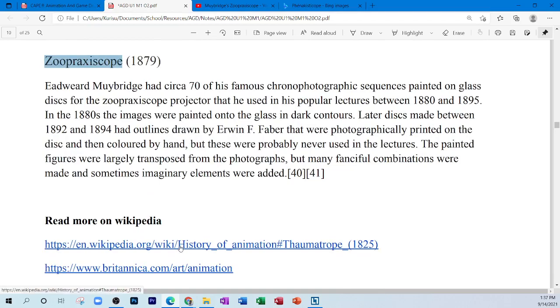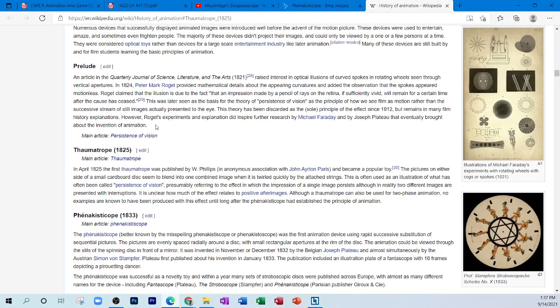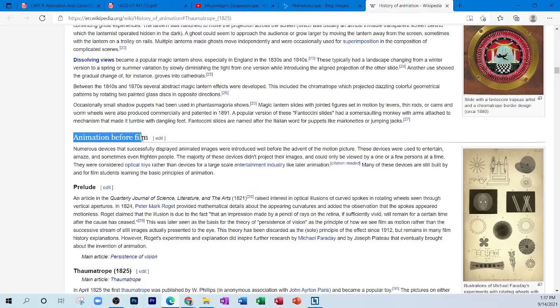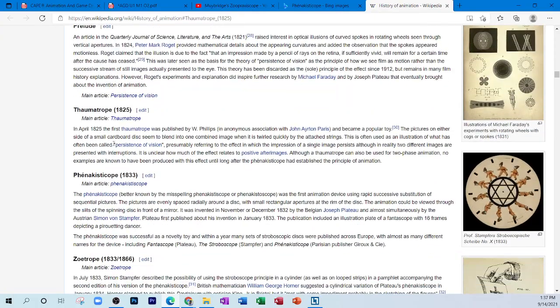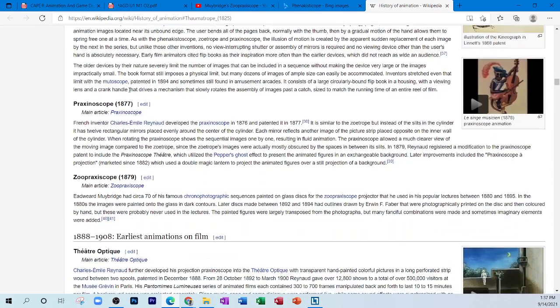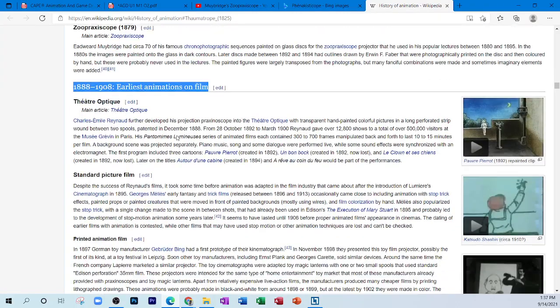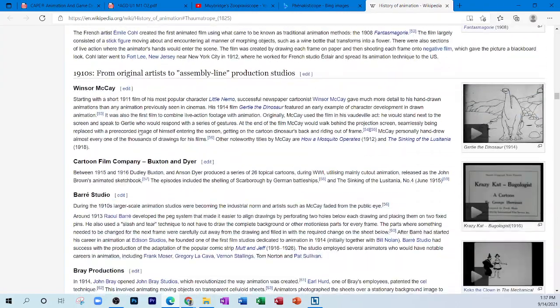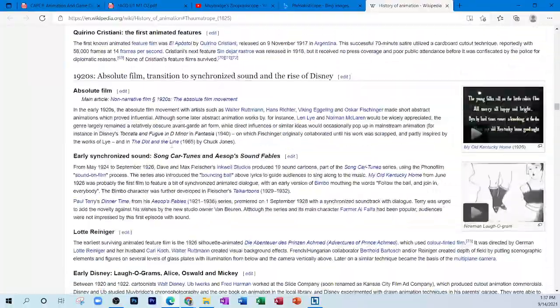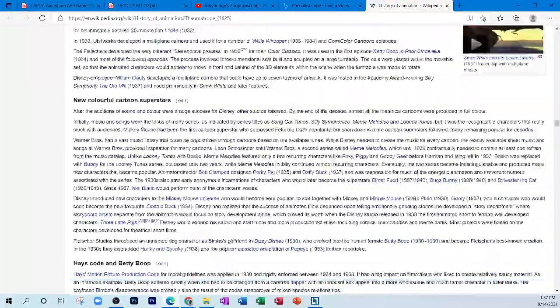So your responsibility is to read through these examples here. Animation before film. We already looked at these examples here in the 1800s. You are going to continue 1888 to 1908, these examples here, the 1910s, 1920s, and so on.